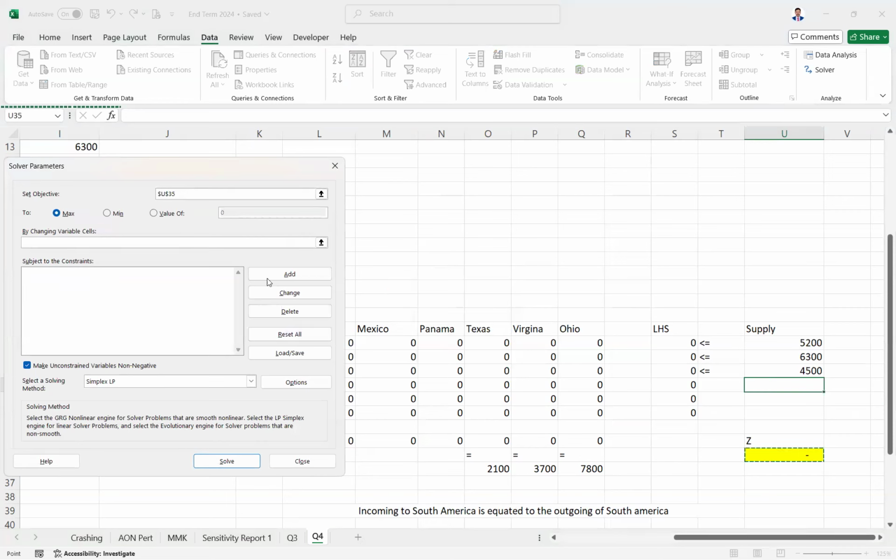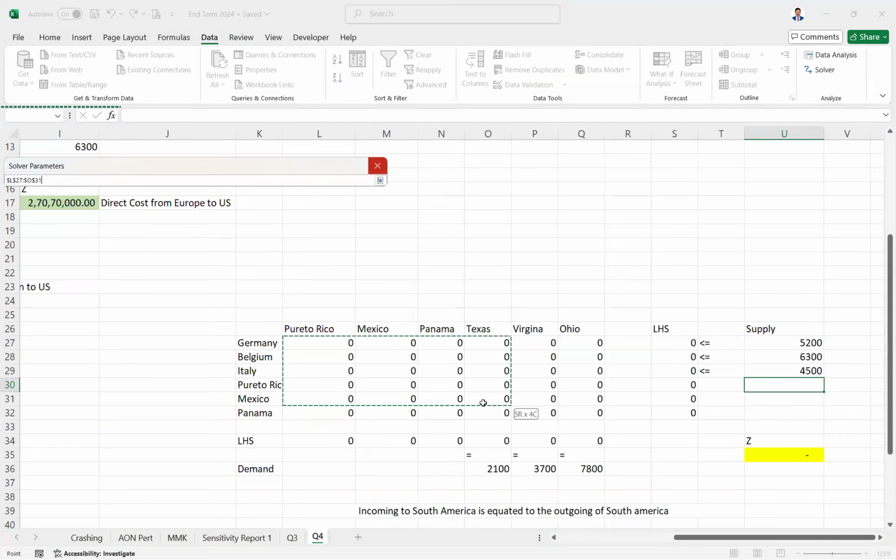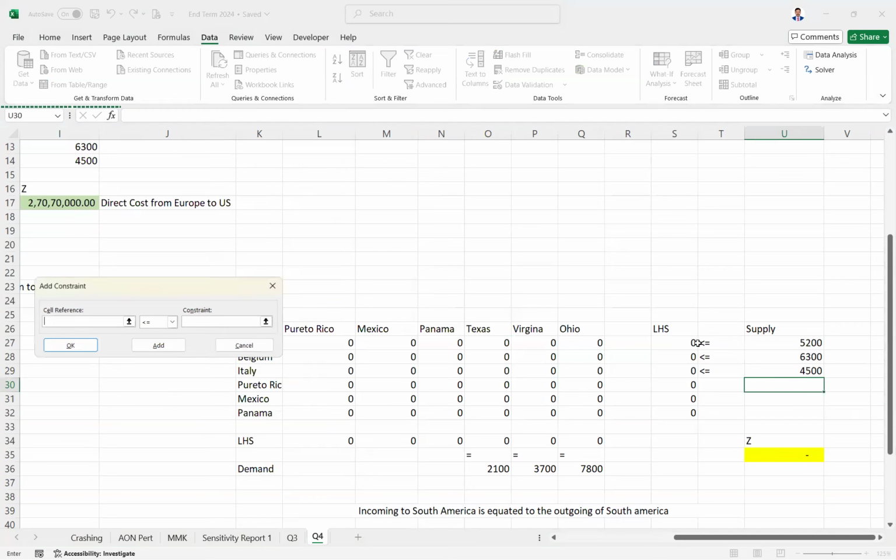So this is your objective function, minimize the cost, changing variables, changing these variables, constraints, these.